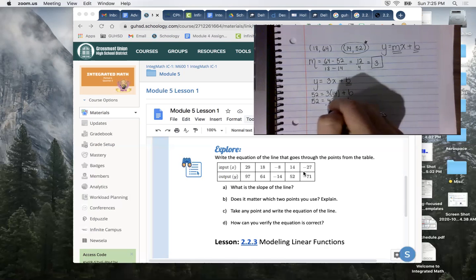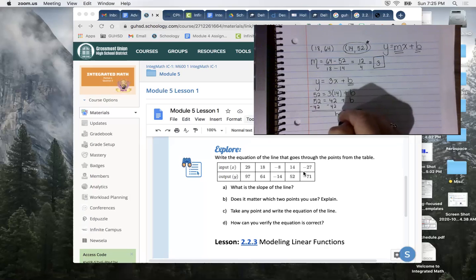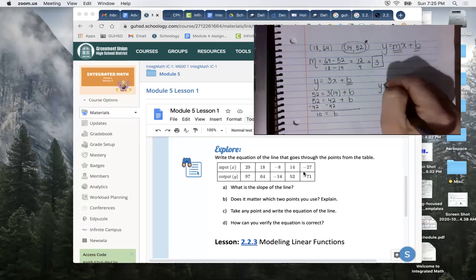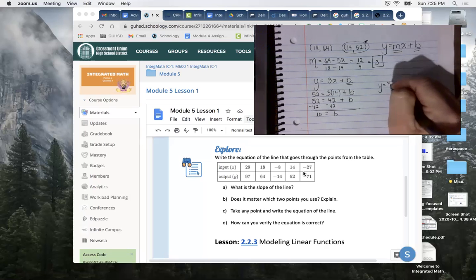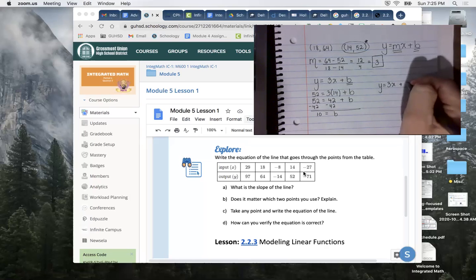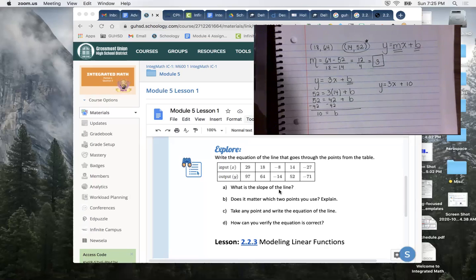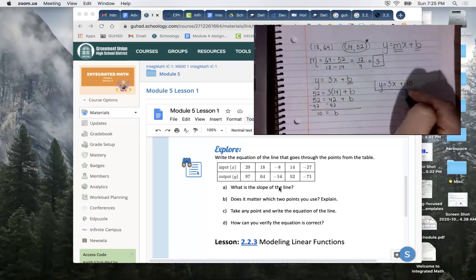I want to get b all alone, so I subtract 42 from both sides, and I end up getting that this b, or y-intercept, is 10. That means I have the equation y equals 3x plus 10. The questions on here are great questions because we're actually done with that one.